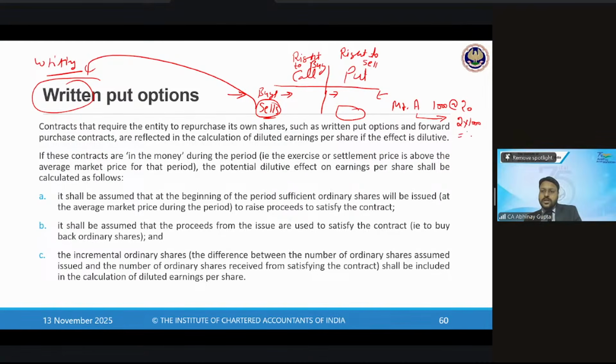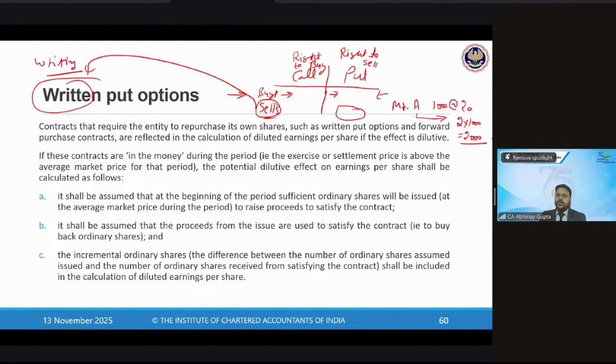So 2,000 rupees he has paid, right? By paying these 2,000 rupees, he has the right to purchase the 1,000 shares of the company at the rate of 20. 20 is the strike price, right?